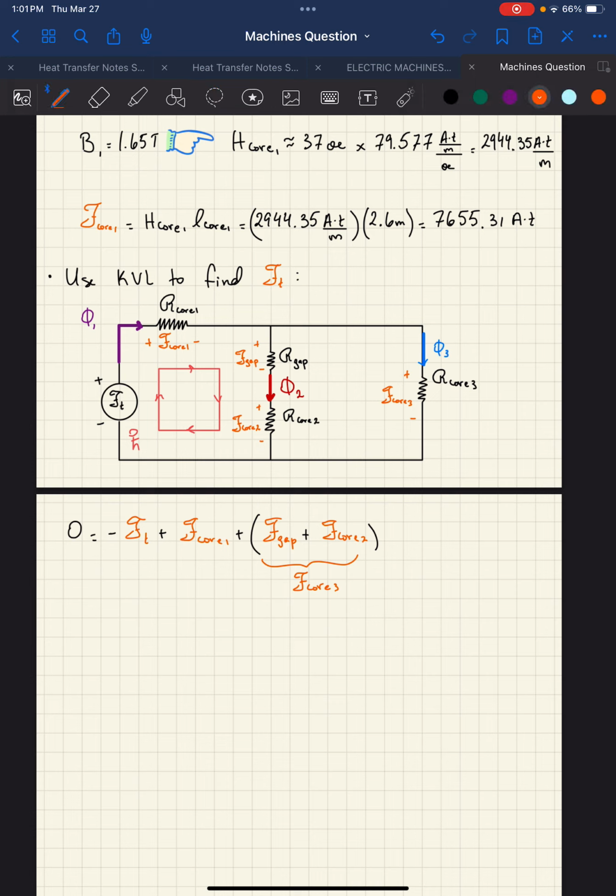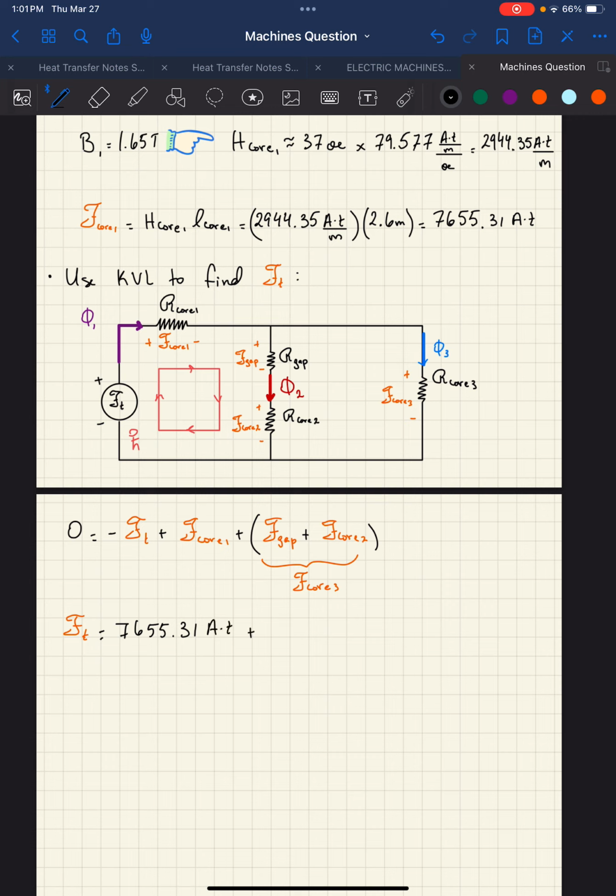So basically, F total is going to turn out to be F core 1, which was 7655.31 amp turn.